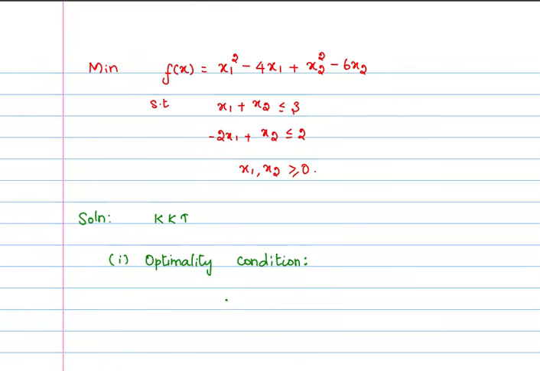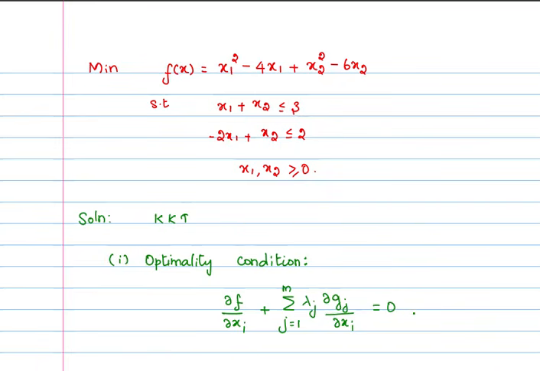So ∂f/∂xi plus summation j equal to 1 to m, where m is the number of constraints, of lambda j times ∂gj/∂xi equal to 0.